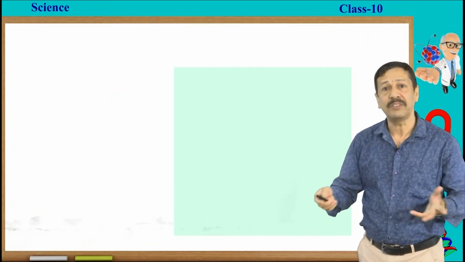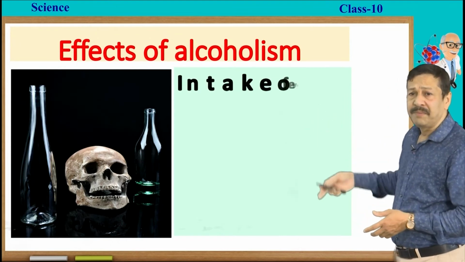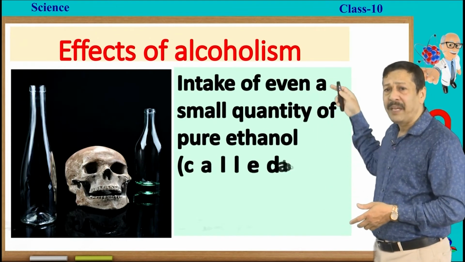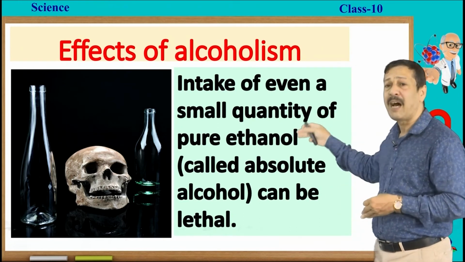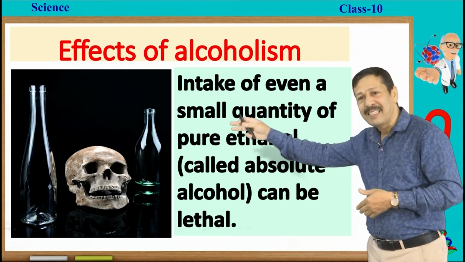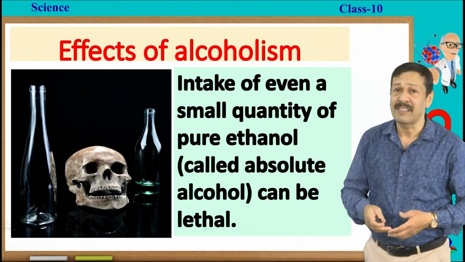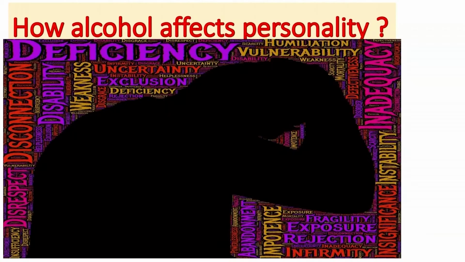Then what happens? Intake of even a small quantity of pure ethanol, known as absolute alcohol, can be lethal. Probably this picture symbolizes the impact of alcohol consumption. Alcohol affects our personality.